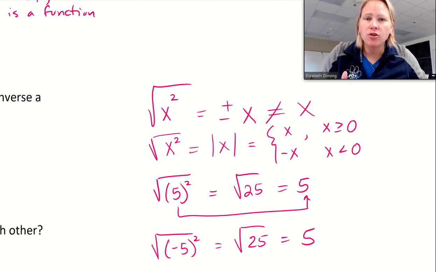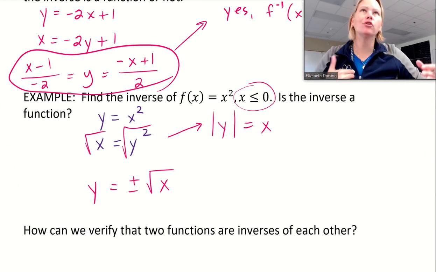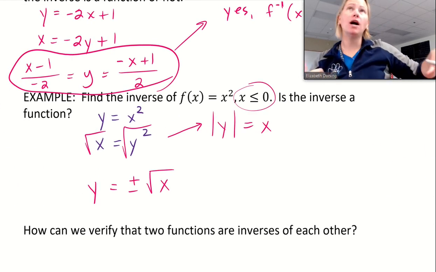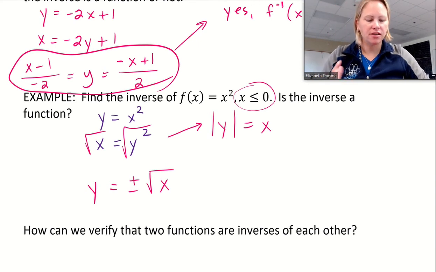Whatever you're taking the absolute value of, you have to consider both the positive and the negative values of it. So over here, we have to do the same thing with y. We have to consider that, oh, y could be positive or y could be negative. So we have this struggle and this fight here when we're trying to solve when we take the square root of something squared.